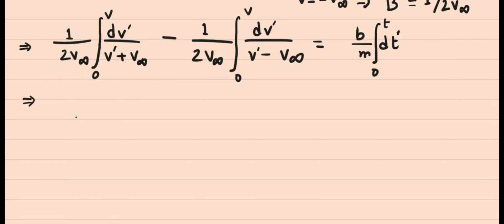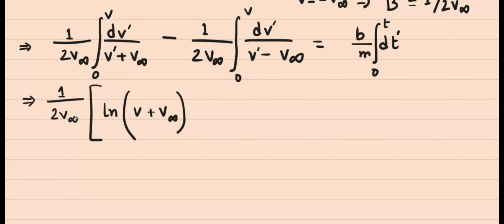And so what do I find? Well, if I factor out 1 over v infinity, the first integration gives me log of v plus v infinity, and then minus, if I plug in 0 in the place of v prime, then I get log of v infinity.